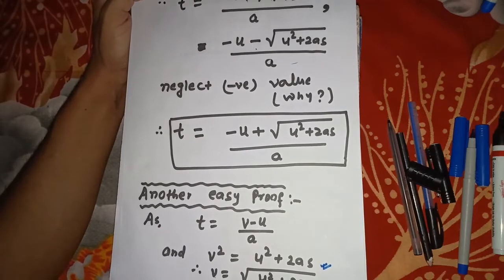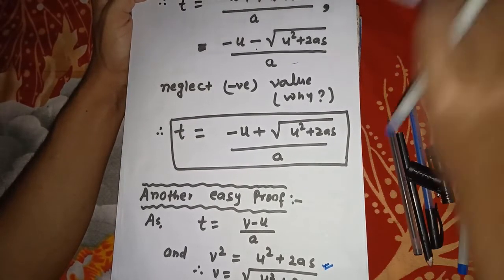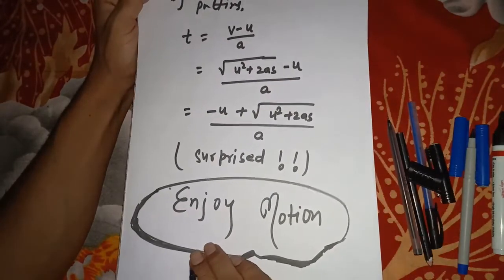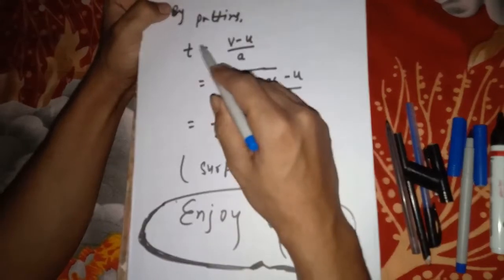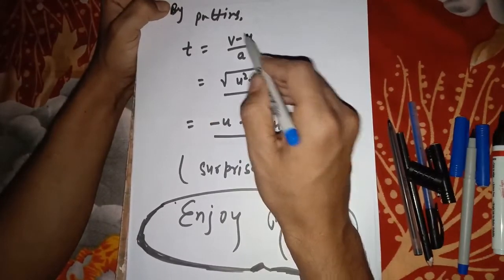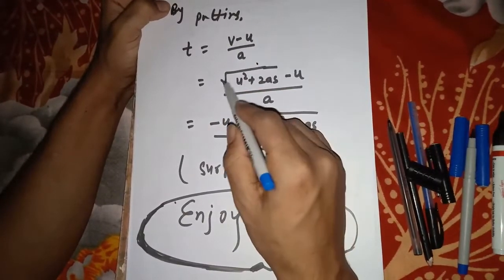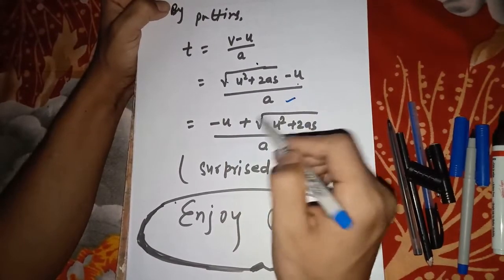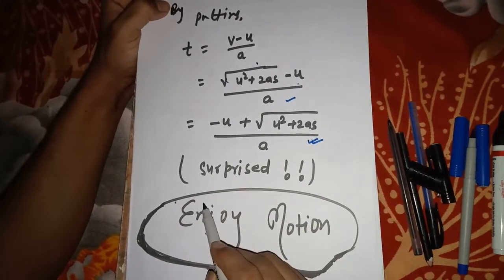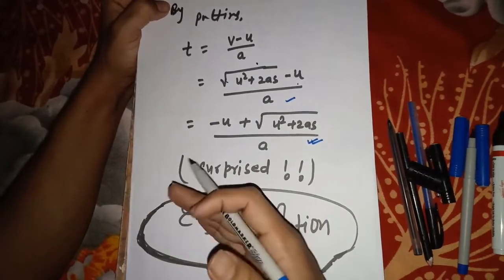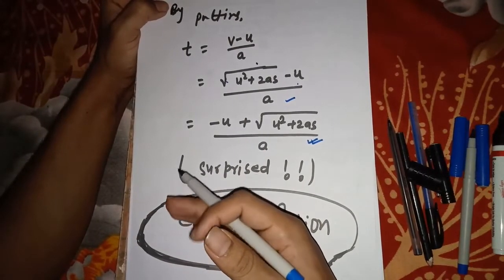By putting this value in t equal to v minus u by a, we have got v, so here root under v square minus u by a. This can also be arranged in this way. The same expression I have already solved by the quadratic formula.